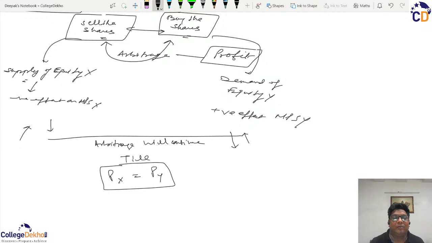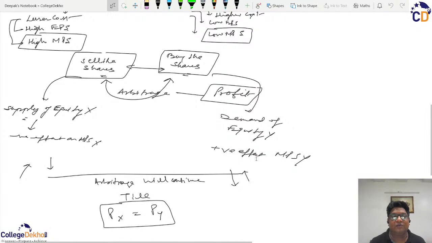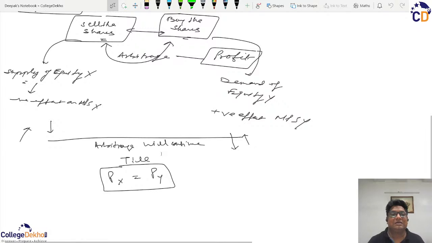The point is that the arbitrage will nullify the effect of any price difference between the two similar companies due to leverage, and this arbitrage will stop only if the prices are similar. So this theory implies that if there is any small price difference between two similar companies because of leverage, then arbitrage and the profit booking of shareholders will eliminate all of it. The arbitrage will end only when the share prices become equal. So ultimately the share prices of two similar companies on the same platform will remain similar, and any price difference due to leverage will be removed by arbitrage.